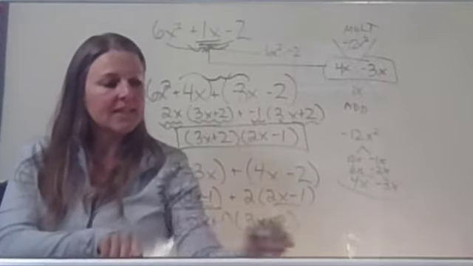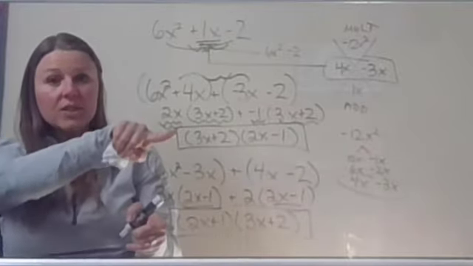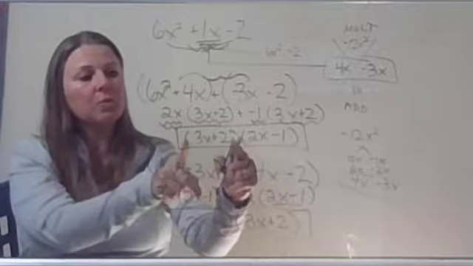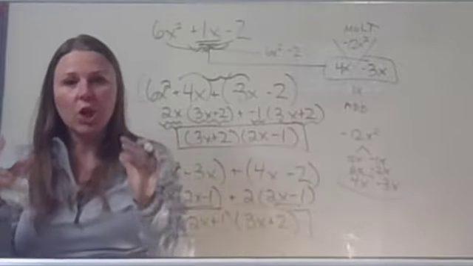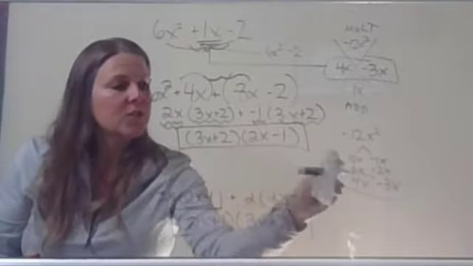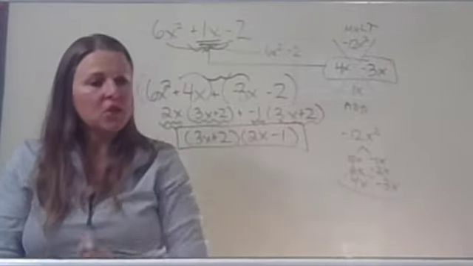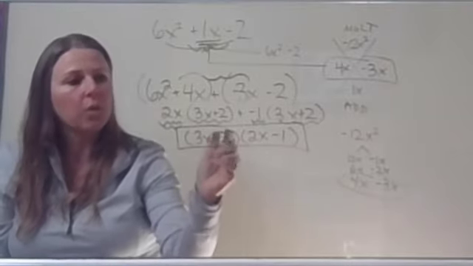Look at that. It's the same exact thing. These are identical. Multiplication's commutative, so it doesn't matter which parentheses is first and which parentheses is second, as long as what's in the parentheses is the same. I'm going to just erase this bottom part, and I'm going to check this through that double distribution method just to make sure that it works.